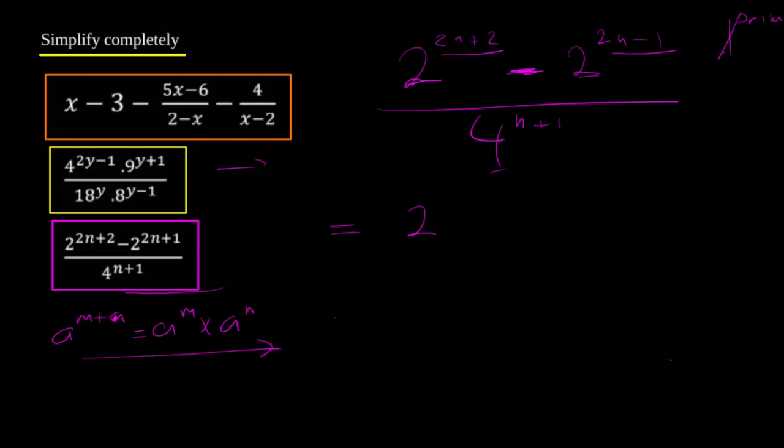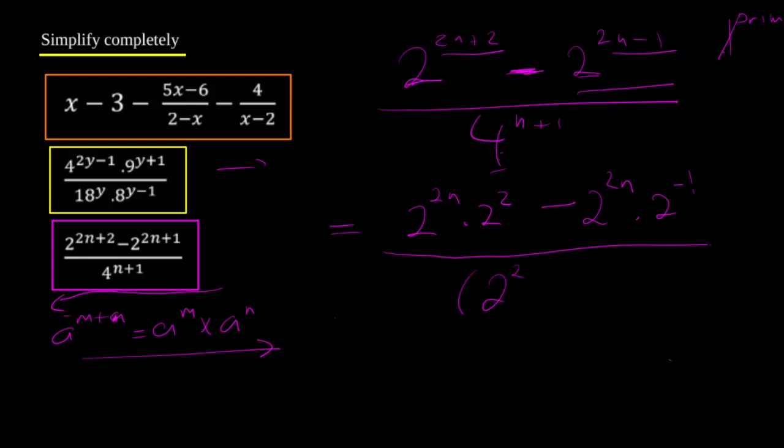This is the direction in which we learn the law. There we go. Applied. Then we do the exact same for the second term in the numerator, and that's 2 to the power minus 1 over there, all divided by, for 4 we have 2 squared, and then we have 2 to the power n plus 1.